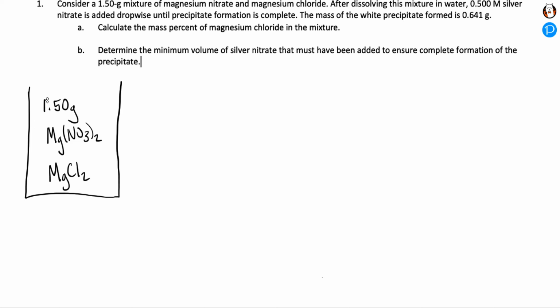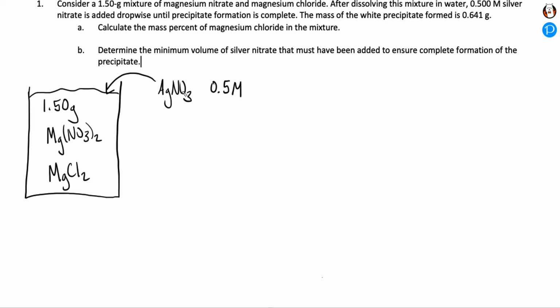We dissolve it in water, so when we dissolve this, what we're going to have now are these dissolved into their ions. So I'm going to have Mg2+, and I'm going to have NO3−. I'm also going to have Cl− as ions in the solution, and I'm going to add to that silver nitrate, AgNO3, and they tell us that what I'm adding there is 0.5 molar.